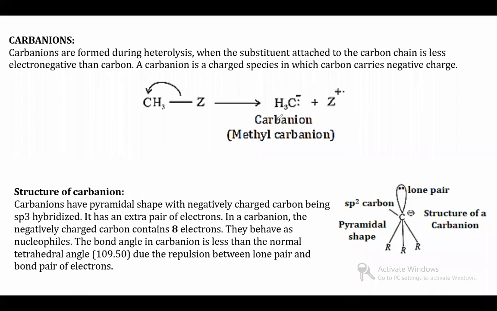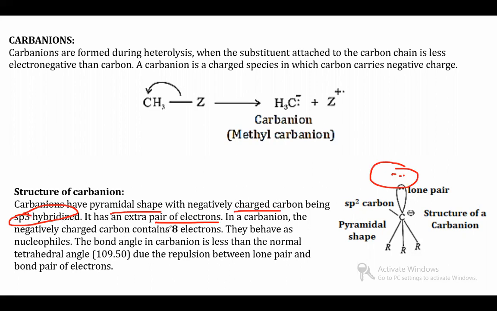Normally, carbon should have 6 electrons, an electron deficiency, and 2 electrons are required to form a stable structure. So a pair of electrons shifts, and then we have 8 electrons. The carbanion has a pyramidal shape with a negatively charged carbon, an sp3 hybridized carbon with single bonds, and it has an extra pair of electrons.